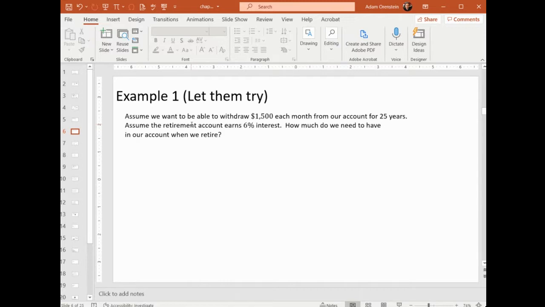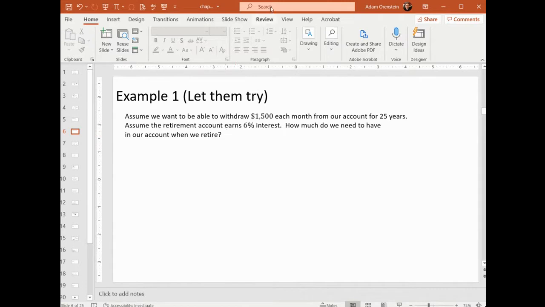And the account is a retirement account, right? We're taking many withdrawals, so it's a payout annuity. It's earning 6% interest. Here, the question is, how much do we need in the account when we retire?